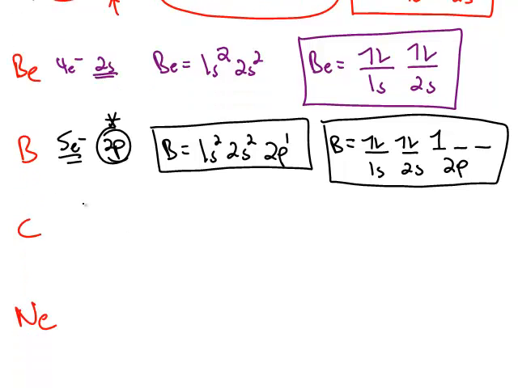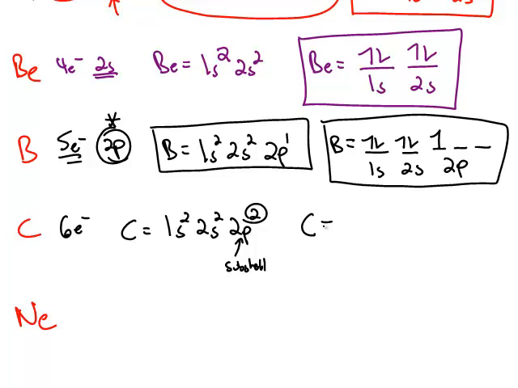Carbon is right next to boron. It has 6 electrons. Spectroscopic notation doesn't tell us very much. It just tells us that the 2p subshell contains a total of 2 electrons. You don't see what that really means until you draw out the orbital diagram. So the first 4 electrons fill up the 1s and the 2s subshells.